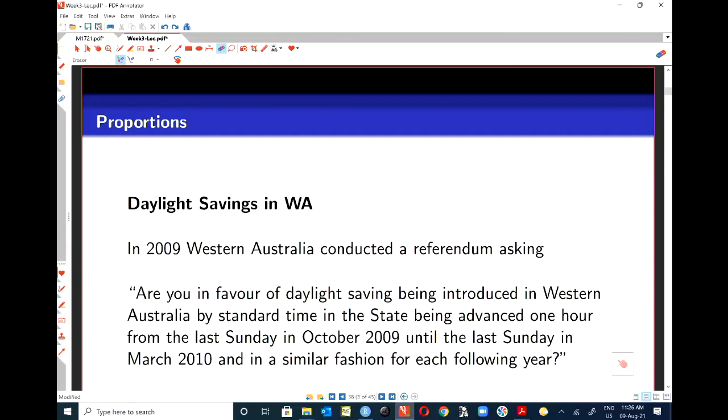So type 1 error is essentially the probability of rejecting a correct null hypothesis, and you want that to be minimized. That essentially is going to be less than your significance level. Type 2 error is not rejecting a false null hypothesis.